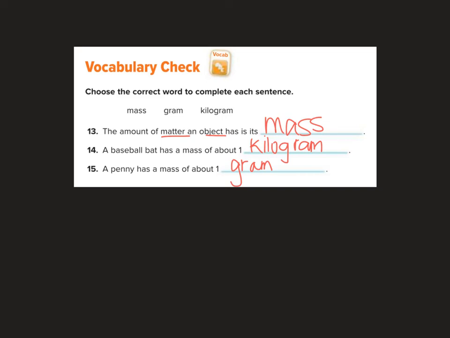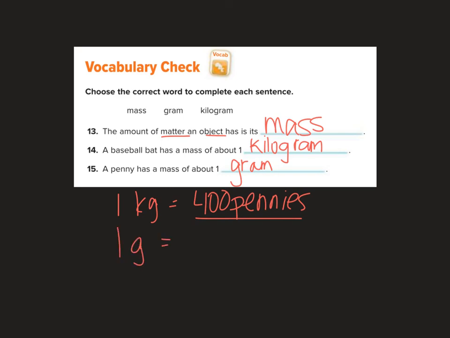Now, here's what doesn't make any sense to me. They're saying 1 kilogram equals 400 pennies. Follow me here. I don't think that this part is true, and that 1 gram equals 1 penny. Therefore, using the book's logic, 400 grams would equal 1 kilogram, which is incorrect.